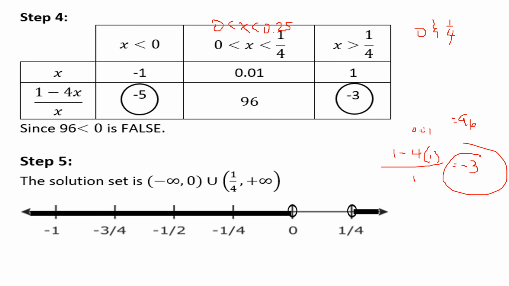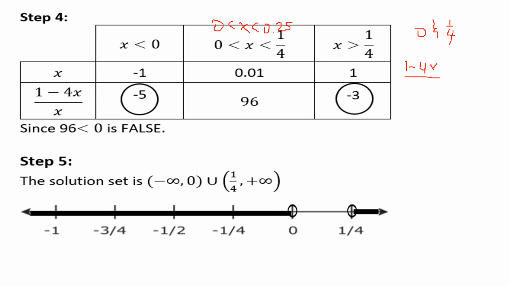Okay, next is to test if the points that we got satisfy our general inequality from earlier. So, 1 minus 4x all over x is less than 0. We substitute -5. So, -5 is less than 0.